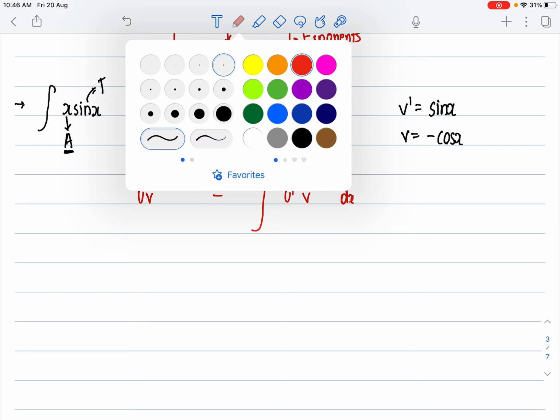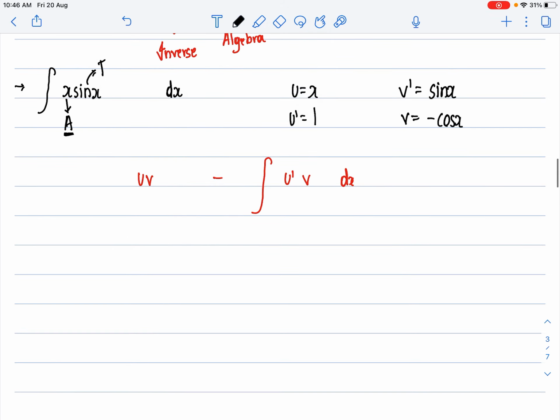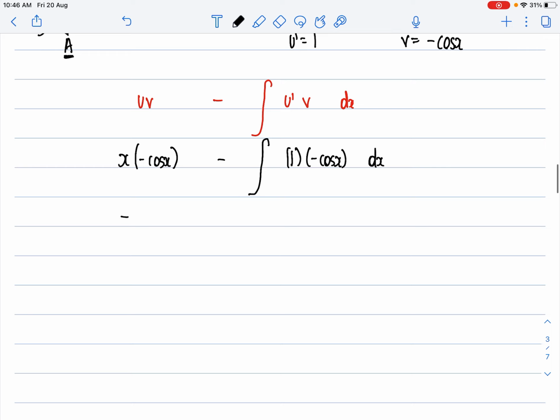So here you do u into v, so you have x into minus cos x, minus the integration of u dash into v, which is 1 into v, which is minus cos x, dx. Now I can simply write this as minus x cos x.